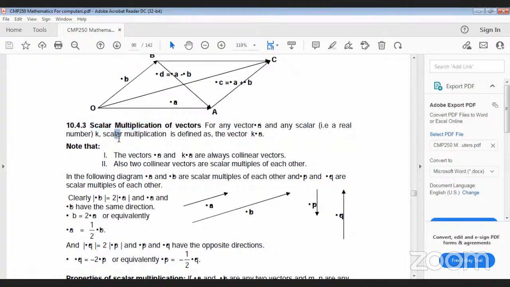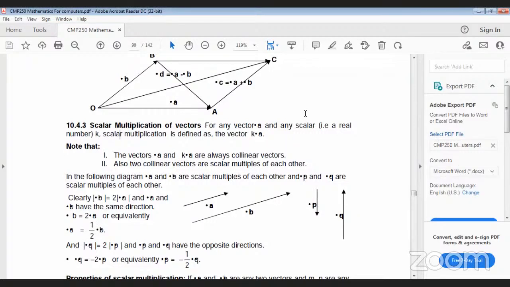A scalar. We know that if I'm saying 4x, your 4 is the scalar multiple of x. For any vector A and any scalar number k, scalar multiplication is defined as k into A.